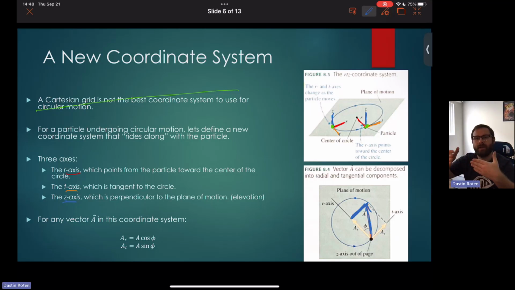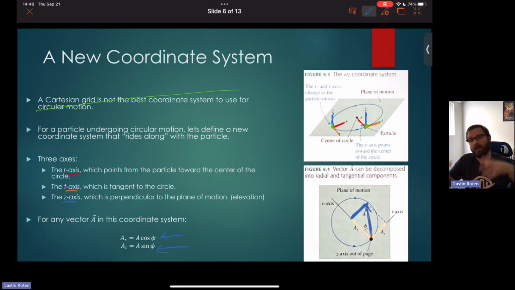That's what phi is going to measure. So phi is measuring your inward point, but at what angle from the center of the circle it's pointing. And of course, we can get components of this A vector if we wanted to. We just base it off of phi instead of theta, like we're used to doing.